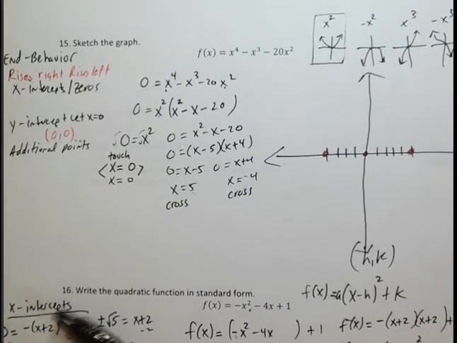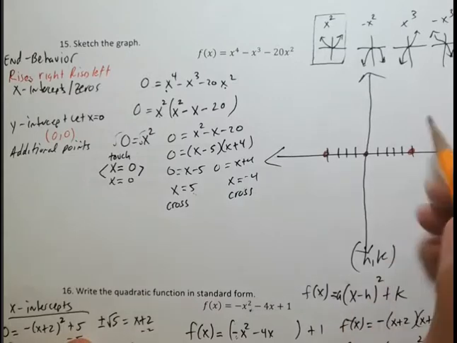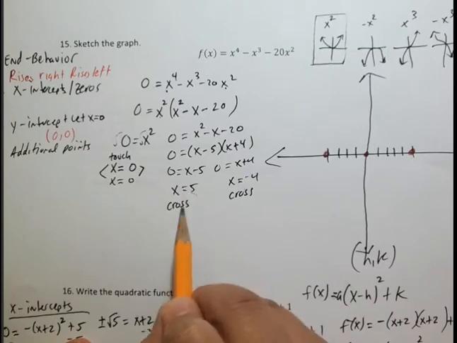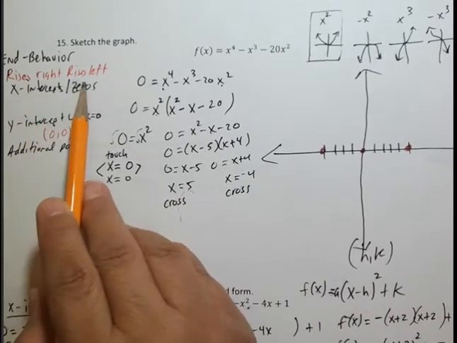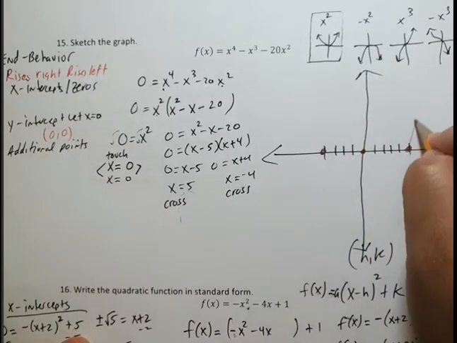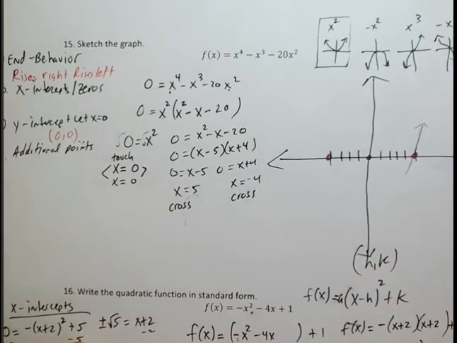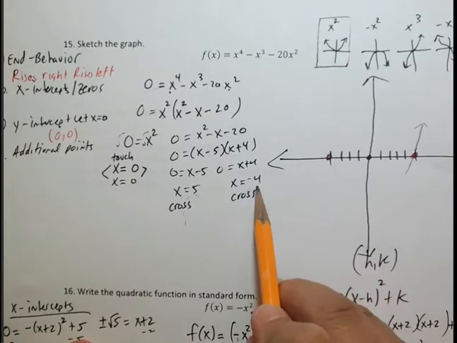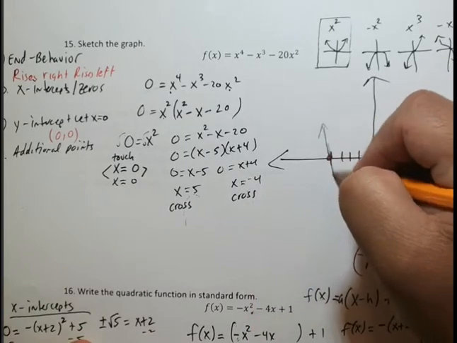I always like to use a pencil to do the end behavior first, and then I come back and use the pen in case I need to erase. At x equals 5, we know the graph is going to cross, and it's rising right and rising left. So here, this is going to go up and through the point. At this point, we know it's also going to cross, and it's rising to the left. So it might look something like that.